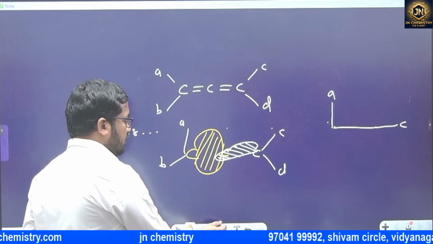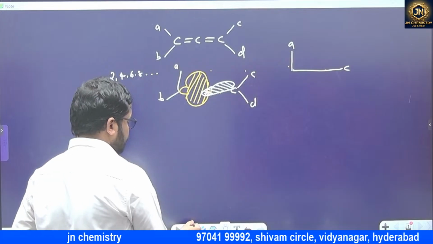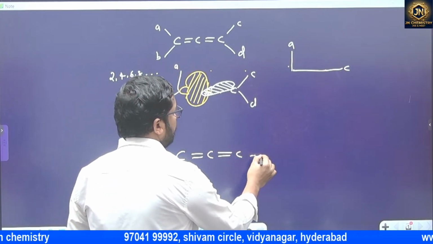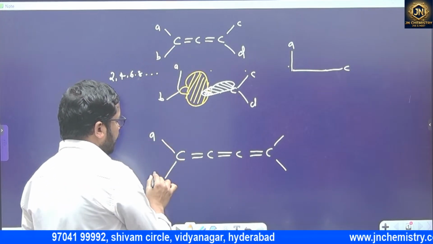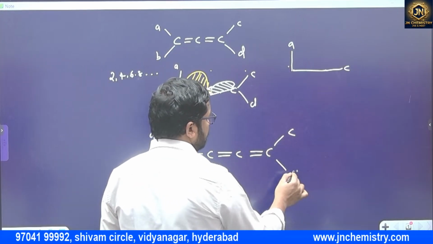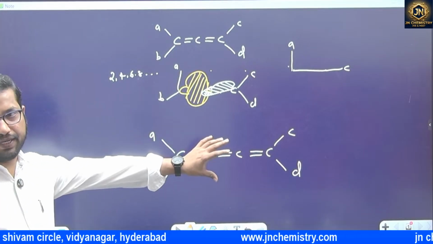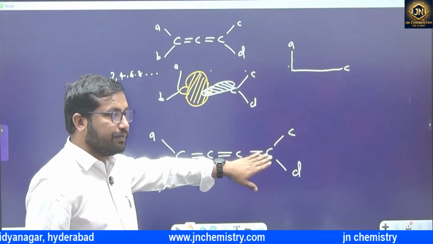But what exactly happens in case of an odd number of double bonds, for example A, B, C, D? Both ends are in the same plane. One is in this plane, one is perpendicular, one is in the same plane.